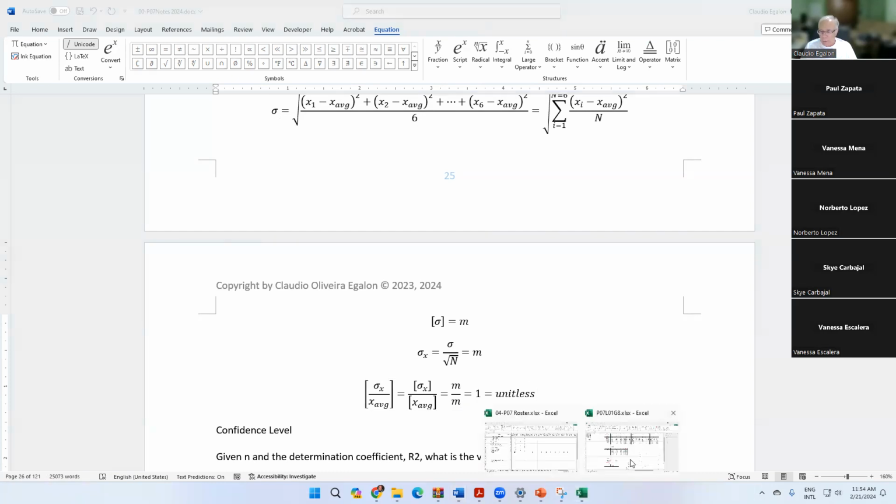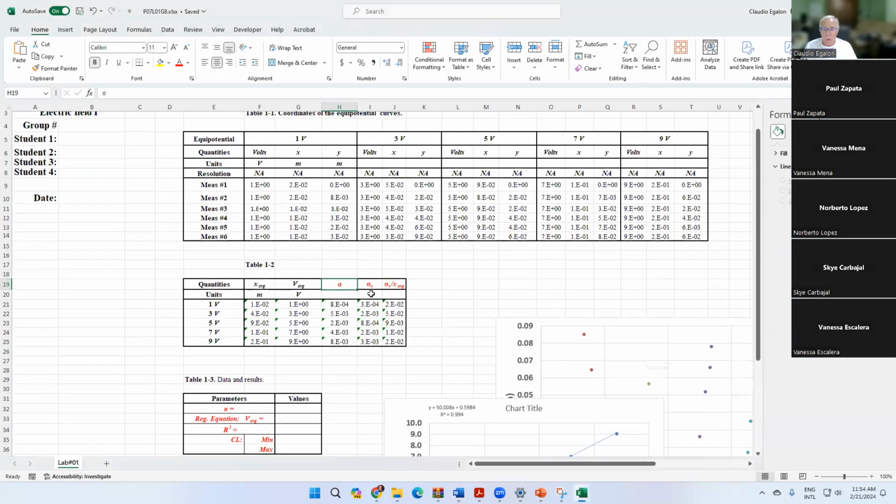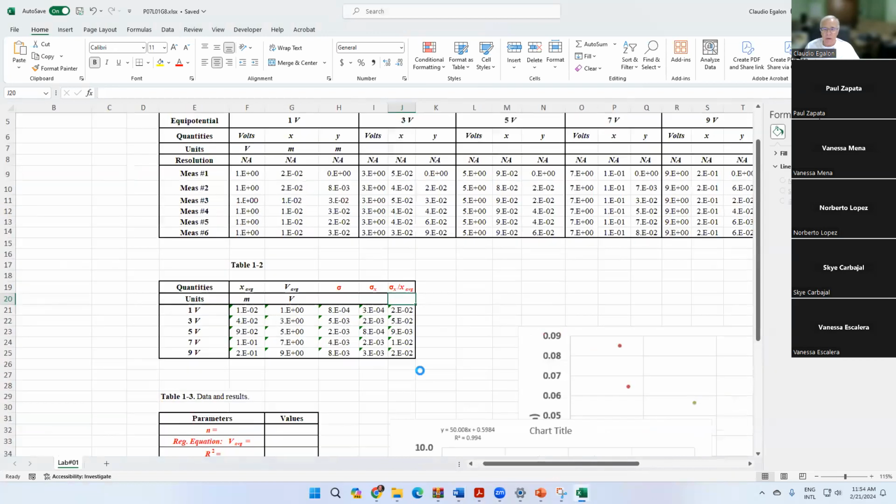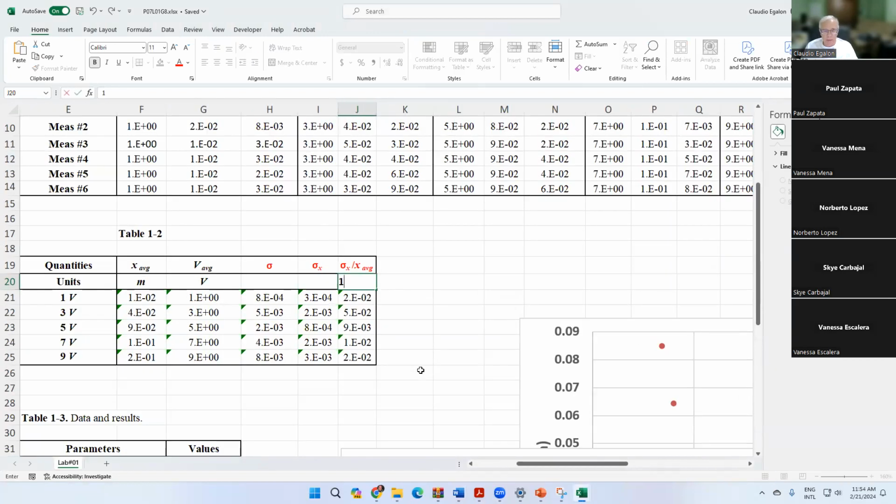So when you report the unit of this ratio, you're going to report the unit 1. I'm going to erase it. Unit 1 means the quantity is unitless.